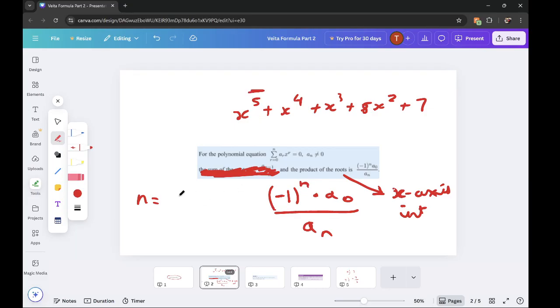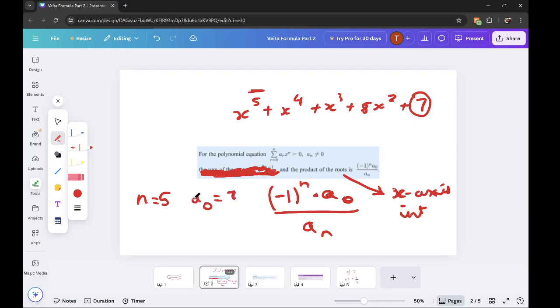In this example, n is equal to 5. a0 means the power at the bottom is 0, basically, so it's the constant that is not accompanied by x. In this case, we only have one thing that is not accompanied by x, this constant right here, which is 7. So a of 0 will be equal to 7.